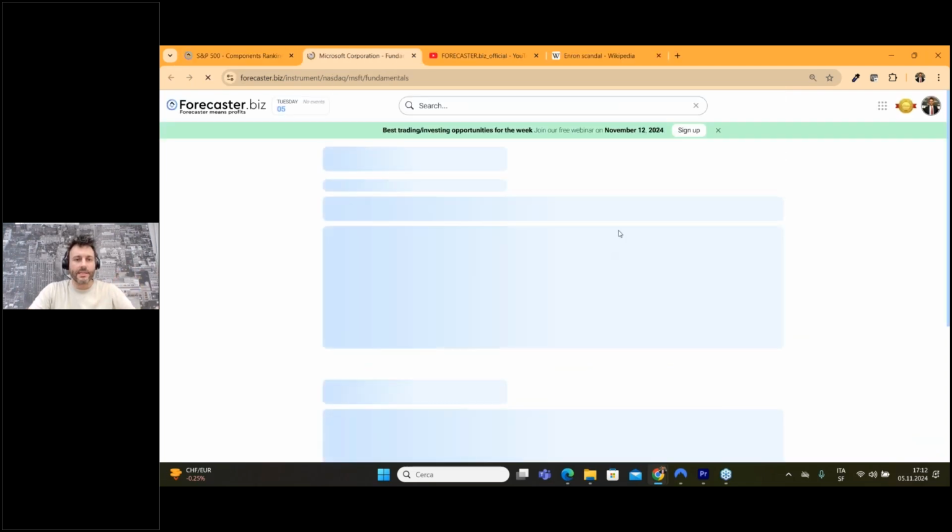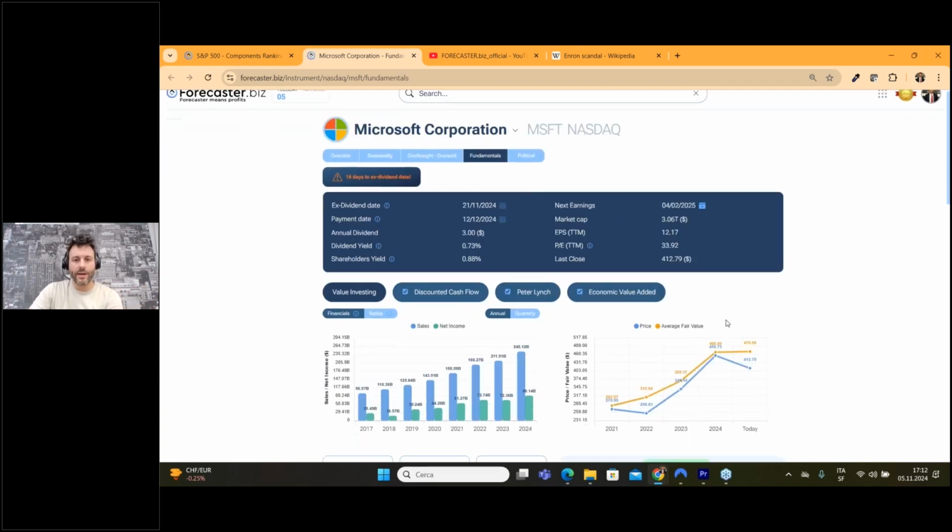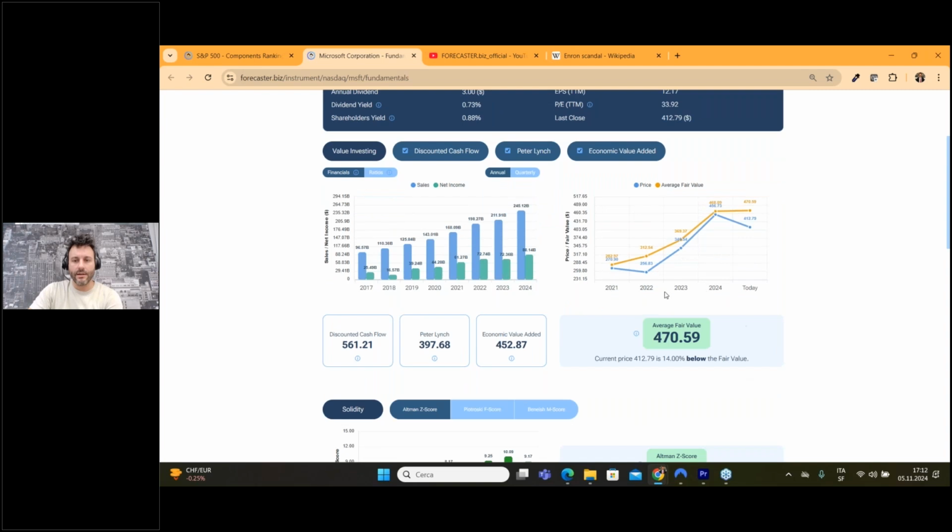If you open, for example, the Microsoft Corporation page, as you can see here, we have the average fair value, which is the result of three different types of calculation. So we have the discounted cash flow, the Peter Lynch method, and the economic value added method.